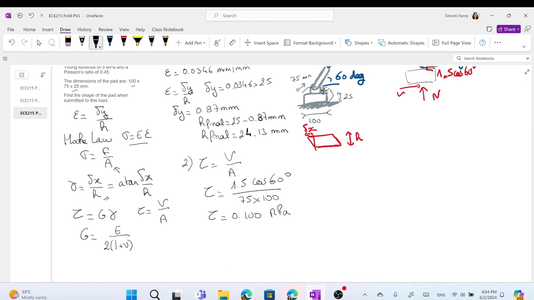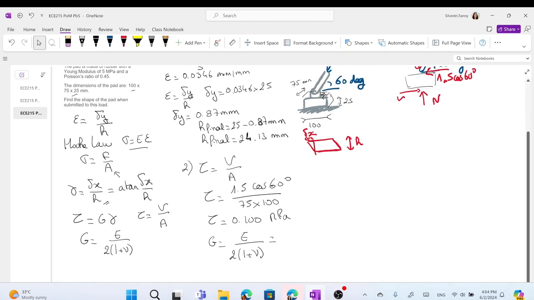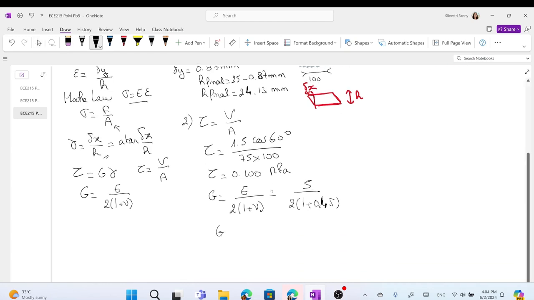Okay, so we have the tau. We need to find G to find gamma. So G equals E divided by 2 times 1 plus mu. The E is provided, it is 5, divided by 2 times 1 plus the Poisson ratio 0.45. That's a rubber, so it's kind of high. So G equals 1.724 MPa.